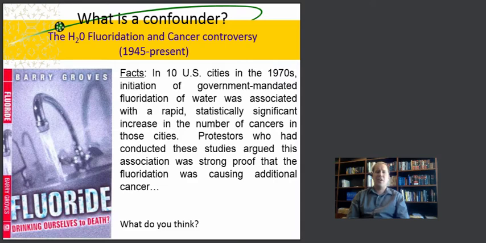So not only was there a link between cancer and the fluoridation of water, but the rise in cancer occurred very sharply and quickly after the introduction of fluoride into the water. So this was a very strong, striking, and spontaneous association that came on quickly.